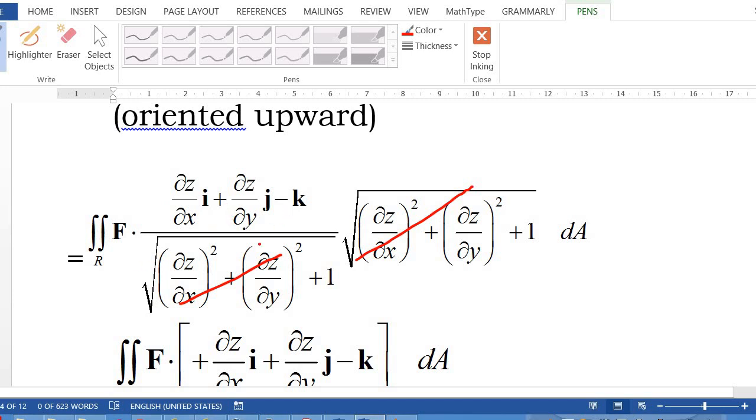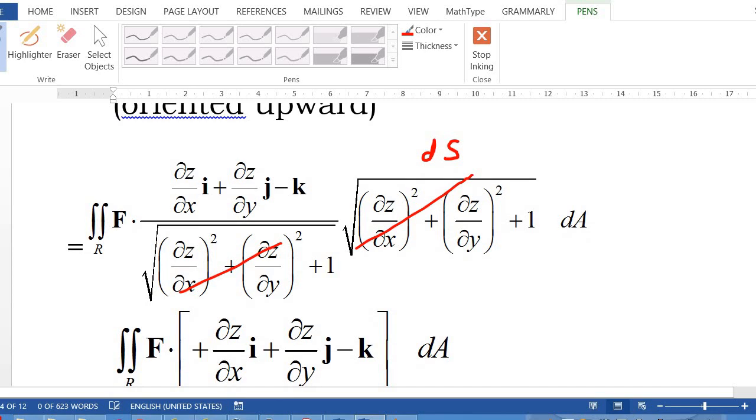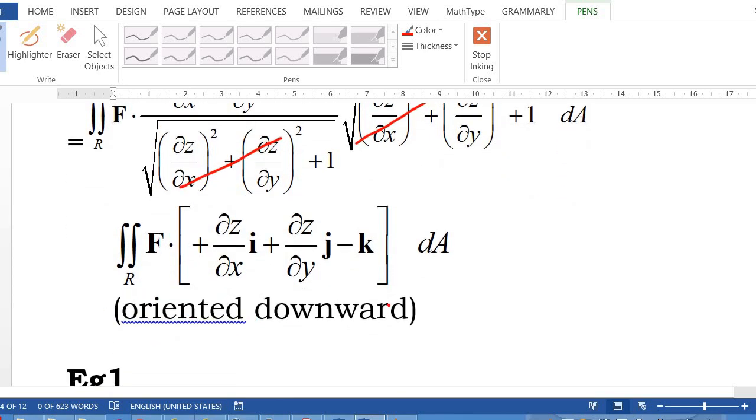You take the square root, the same as before, and then this is dS. You still get the same formula, the square root of z_x squared plus z_y squared, so both square roots cancel. So this is the flux integral where the surface has a unit normal vector oriented downward, F dot.